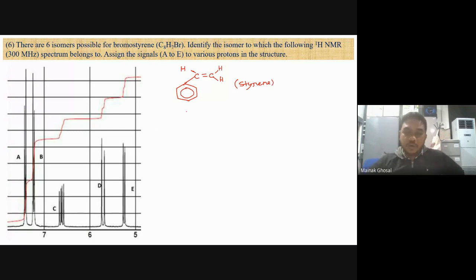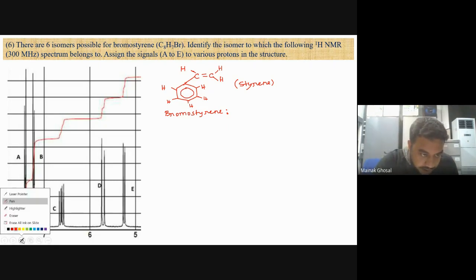Now, if you go with bromostyrene, why will we have 6 isomers? You can see from the structure of styrene that there are 6 different protons that you can replace with bromine.